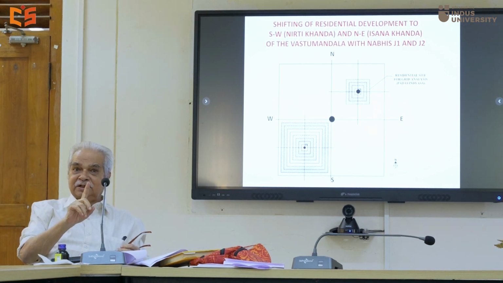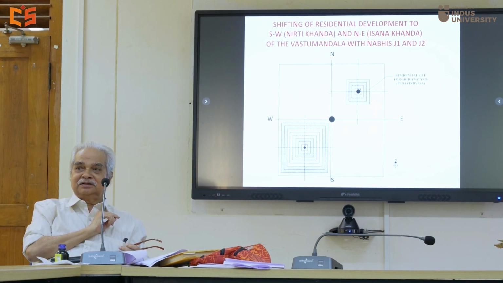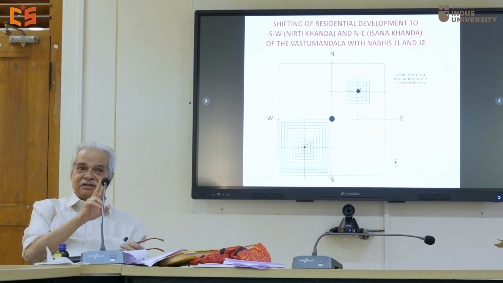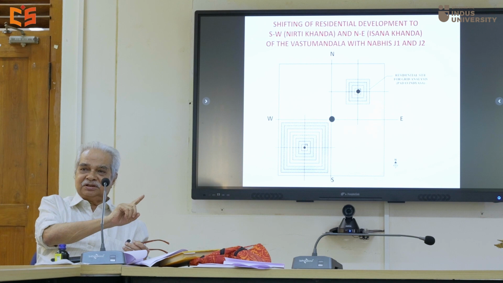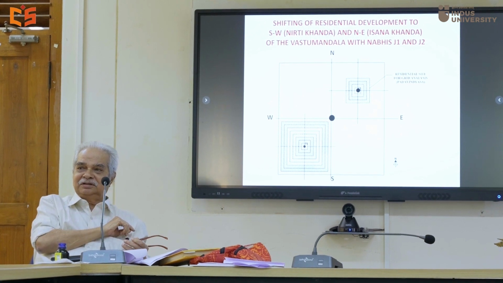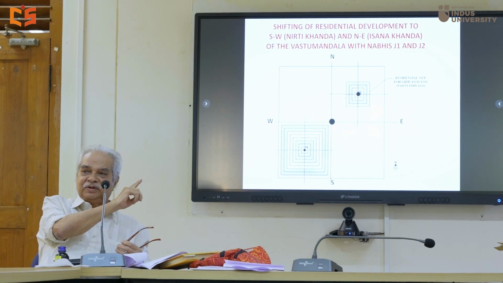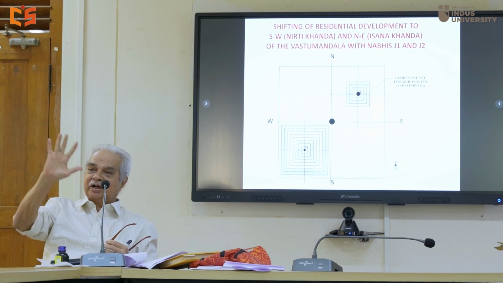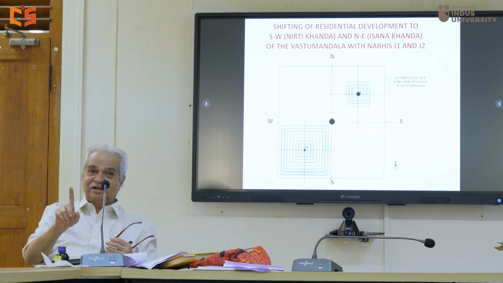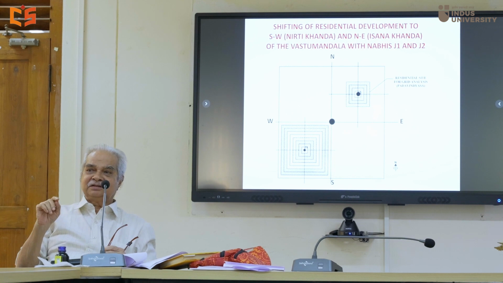But then they say, no, don't use the entire space. Take only one quadrant, only two quadrants. Either you take northeast quadrant or southwest quadrant. Northeast quadrant is called Ishana Khanda and southwest is called Nirudi Khanda. Only two you can occupy for residences. Residences and ancillary constructions, you can adopt only that.